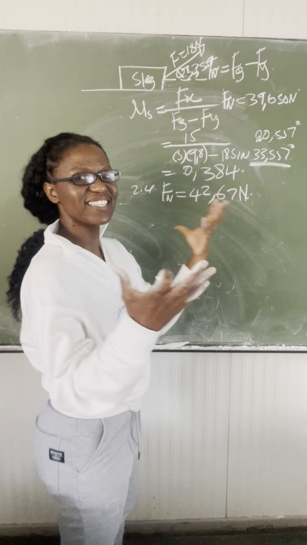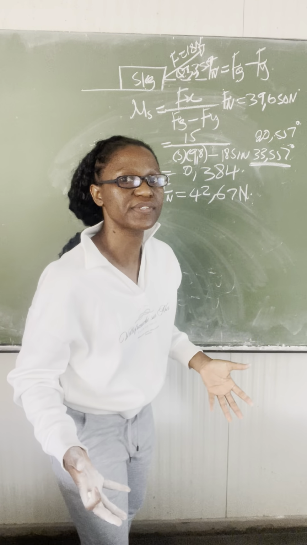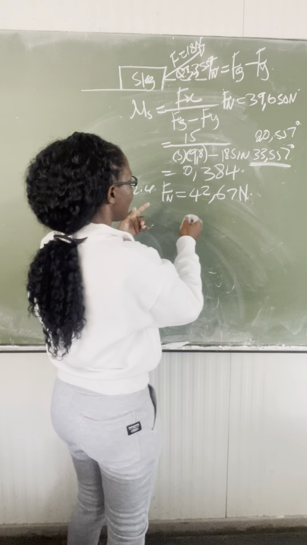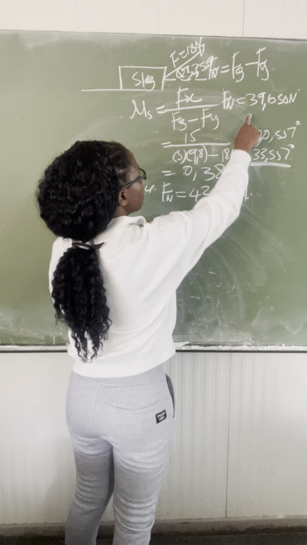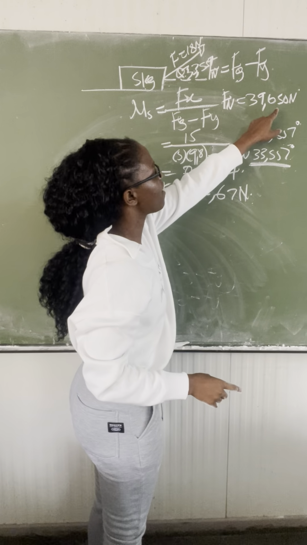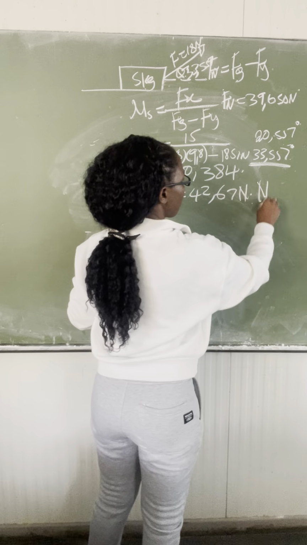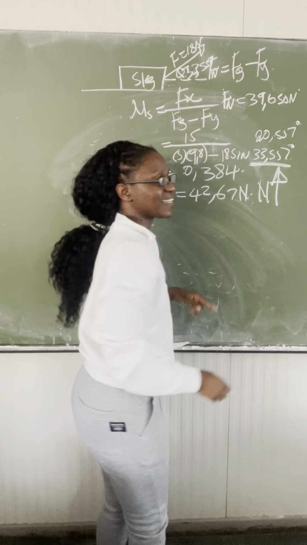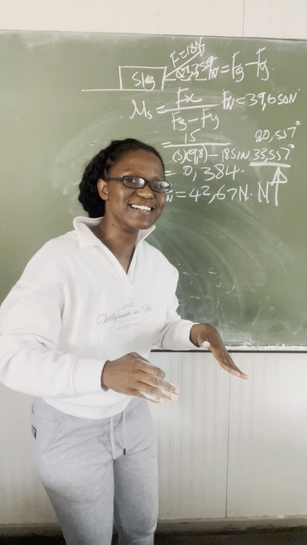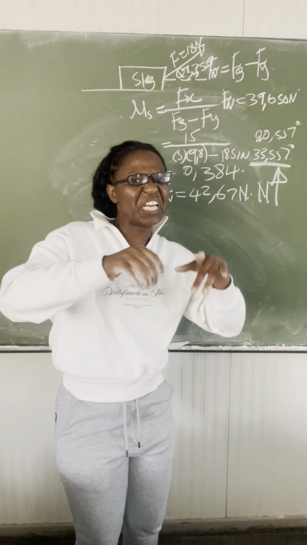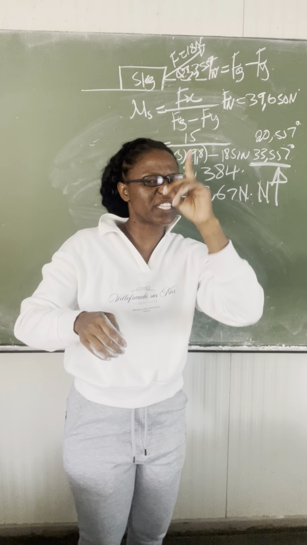What have we observed from our analysis? We can see that the normal force has changed from 39.050 Newton to 42.67 Newton, meaning the normal force increases. Decreasing the angle increases the normal force. That's the first thing that we have observed.